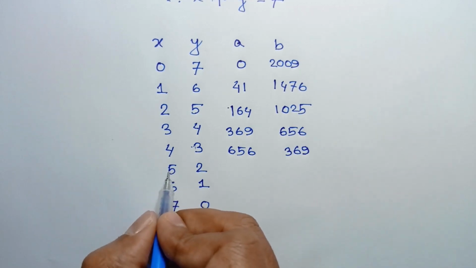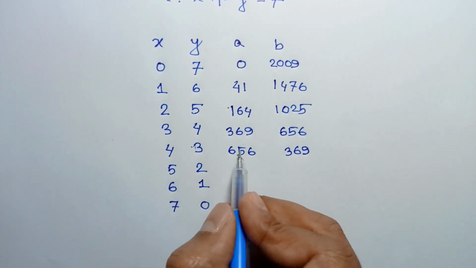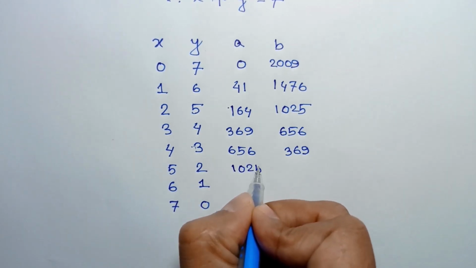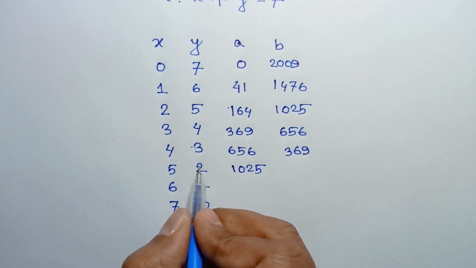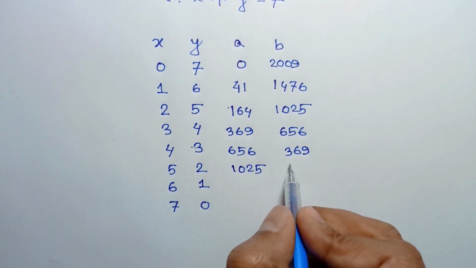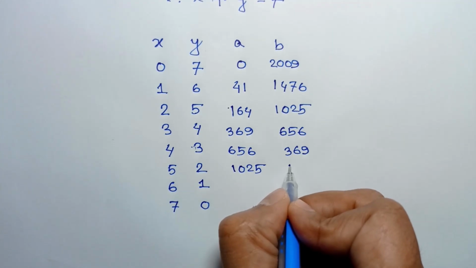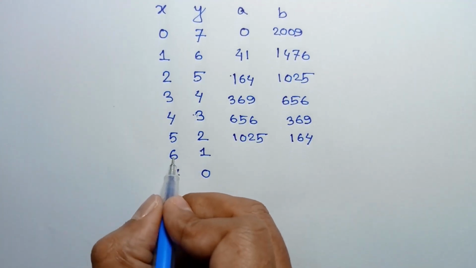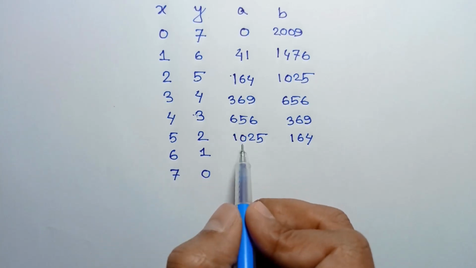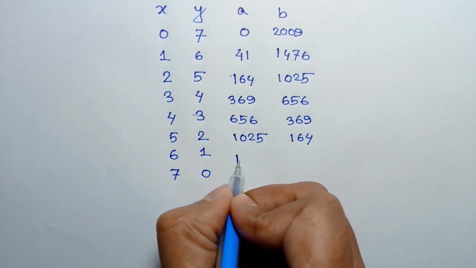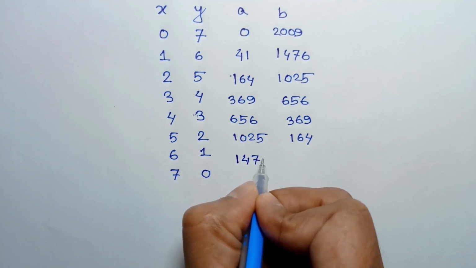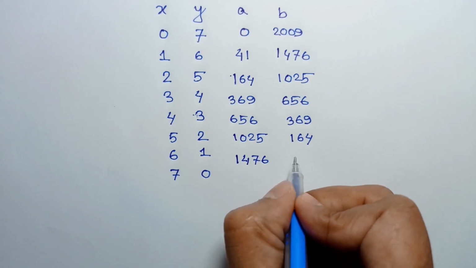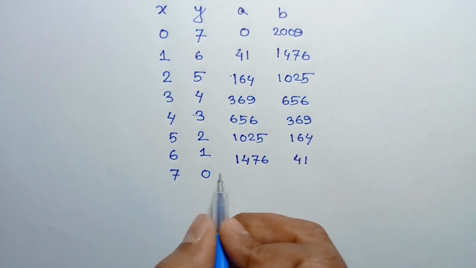When x is equal to 5, then the value of a will be 1025, and for y is equal to 2, the value of b will be 164. When x is equal to 6, the value of a will be 1476, and for y is equal to 1, the value of b will be 41.